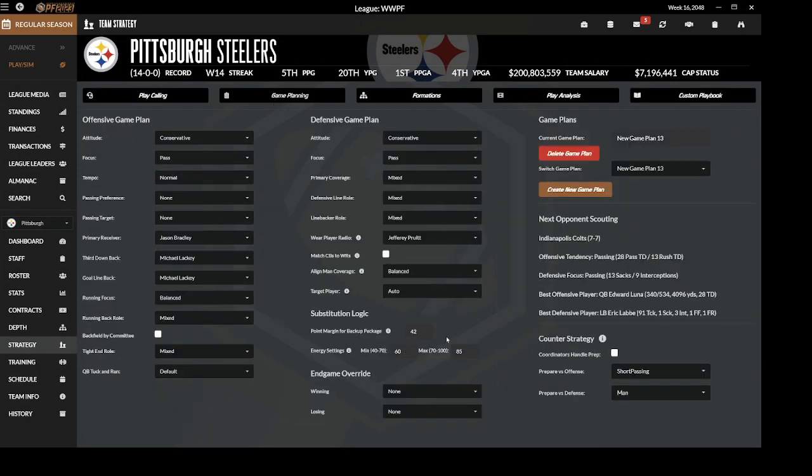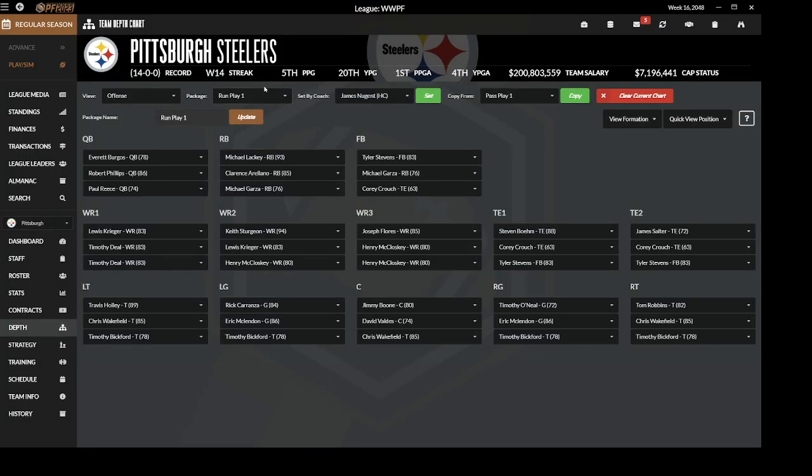So if it's a blowout, in my case, if I'm blowing out by more than 42, then the backups will come in. Or if the energy setting, if the person gets to 60, they'll come out and they won't come back in until 85. But it's going to pull whoever that person is off the offensive backup package in the depth chart. I don't do that. Again, I use the packages to actually rotate my people.